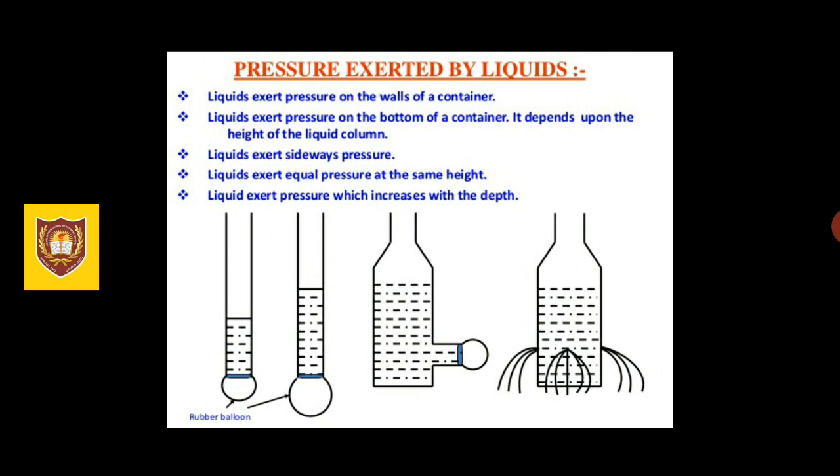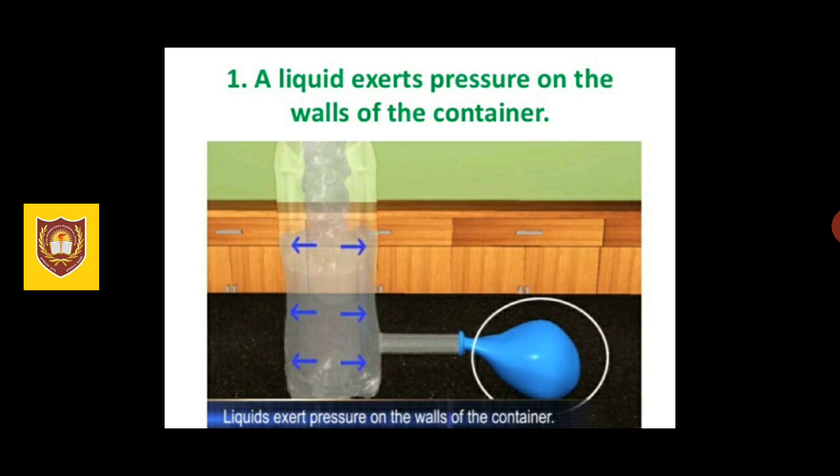It means that wherever it is, the liquid exerts pressure on the wall of the container. And in the fourth case, the holes are in the pipe at the same height, and it shows that equal pressure is exerted at the same height. See the figure and understand the concept.